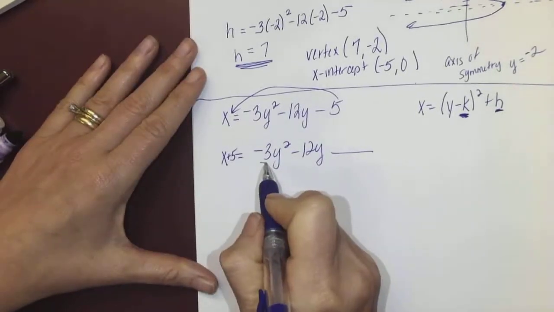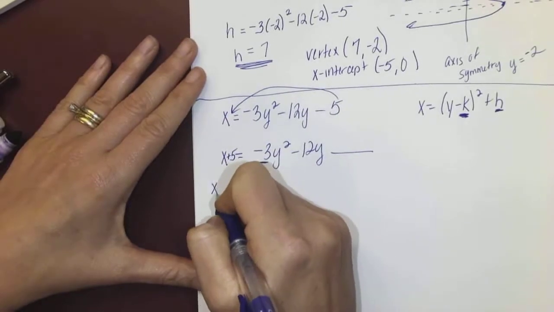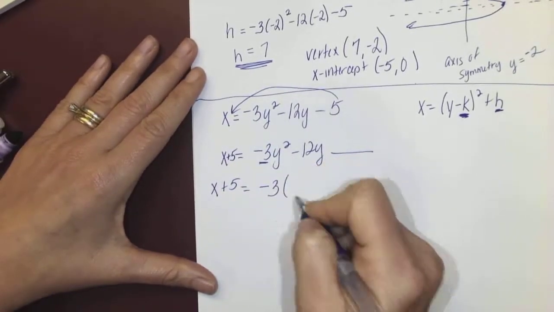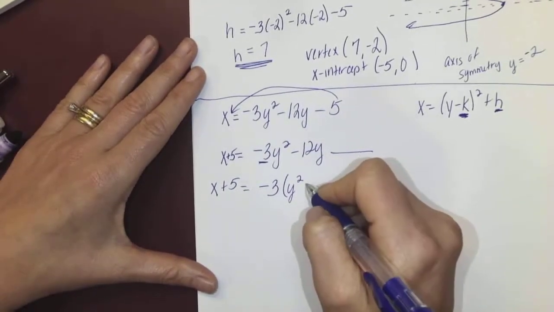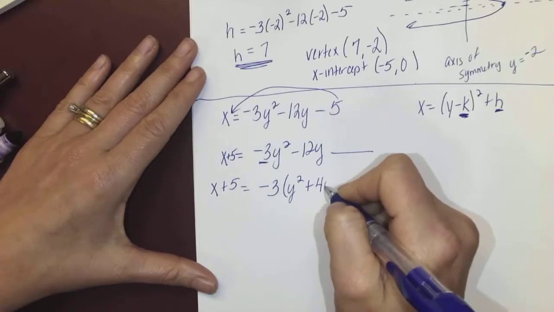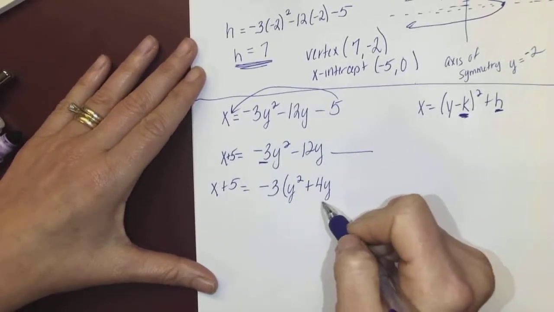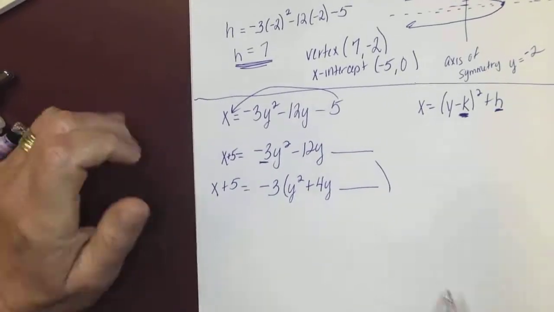Now, in order to complete the square, this lead coefficient needs to be a 1, so I'll recopy this line, x plus 5. I will factor out a -3, and that becomes y squared, careful here, plus 4y, because if I take -12 and divide a -3 in, I get +4. Draw my line. Now I'm all set.